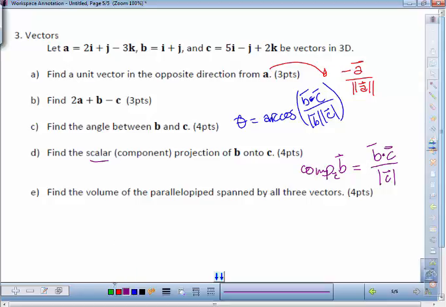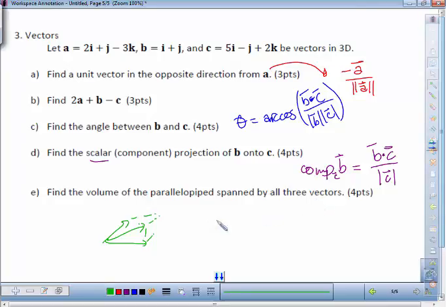And then the volume of the parallelepiped spanned by 3 vectors. Anyways, we have some 3-dimensional parallelogram.